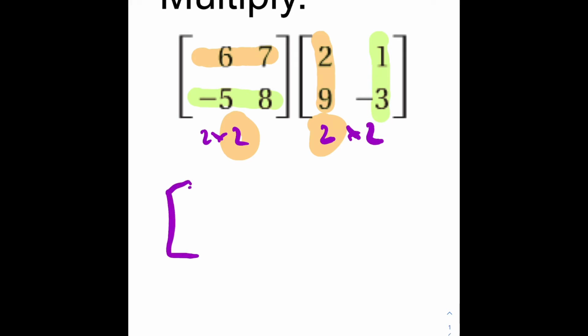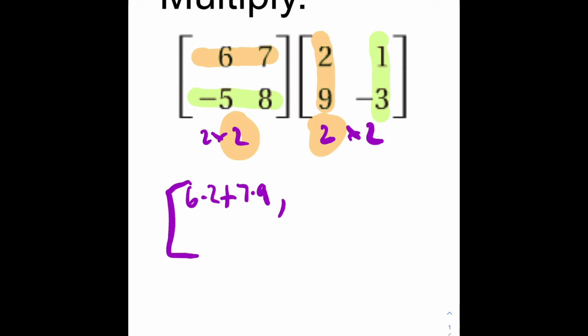So if I write it out, it's going to be 6 times 2 plus 7 times 9. So that's my first point.